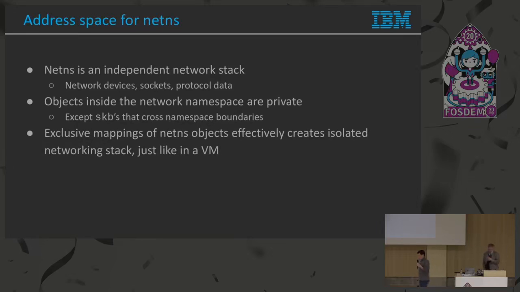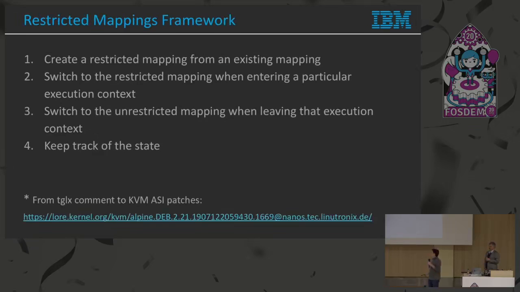We've started with the network namespace. A network namespace creates a private copy of the entire network stack: TCP caches, UDP caches, sockets, everything. They're all private to that network namespace. There is no need for any other namespace to touch the data in the caches of the network stack of another namespace. The only thing that behaves differently is sk_buffs, which represent packets that usually traverse several namespaces on their way to other services or out of the machine or into the machine.